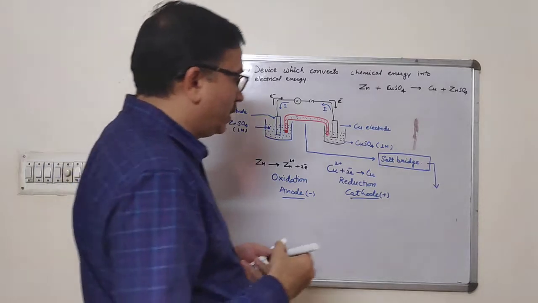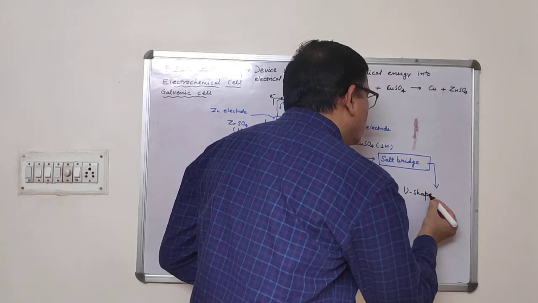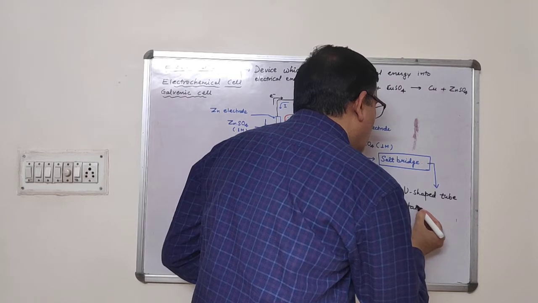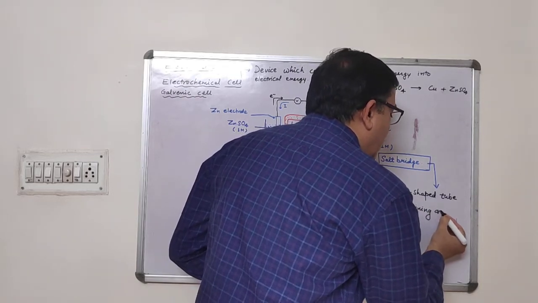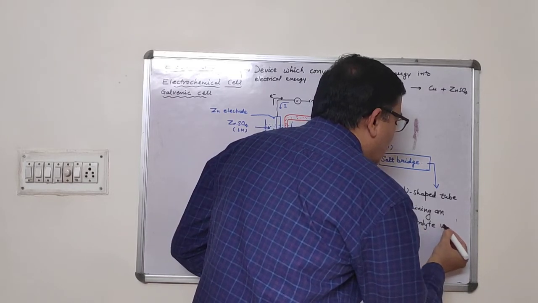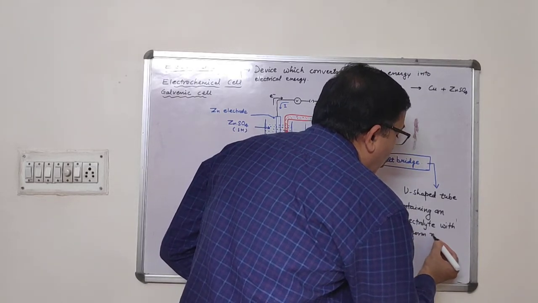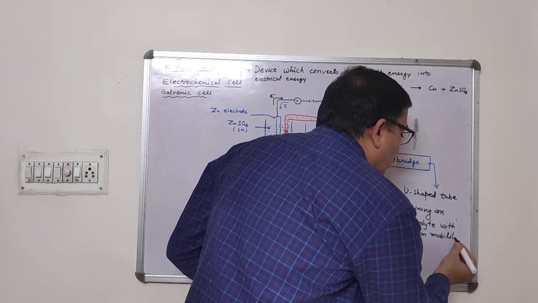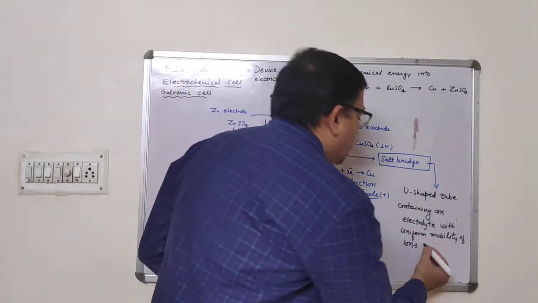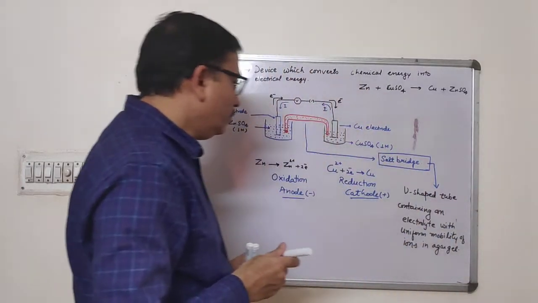As per its shape, you can say it is a U-shaped tube containing an electrolyte with uniform mobility of ions in agar gel, right?